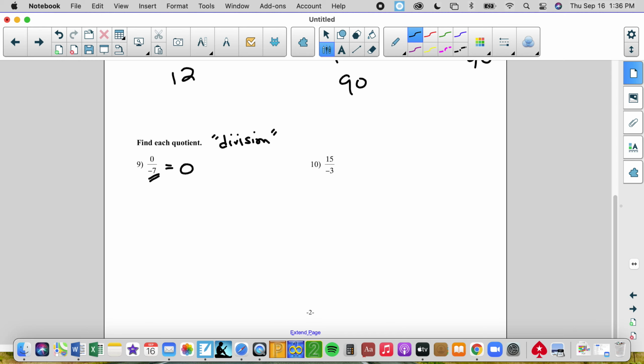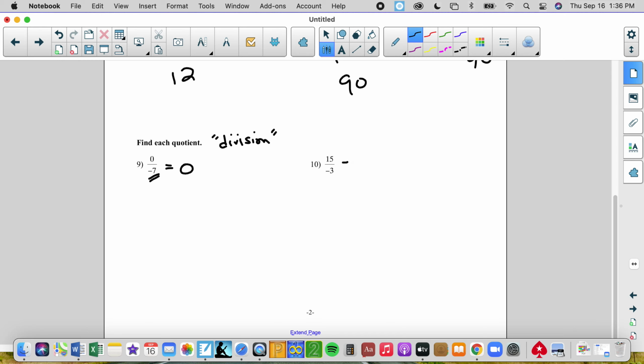We have to be careful when 0 is in the denominator. When 0 is in the denominator, then your solution is going to be no solution. There's a big difference between 0 and no solution. 0 is a solution. No solution means there is no number. That is not a number.